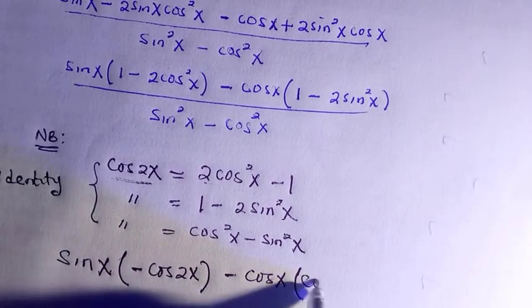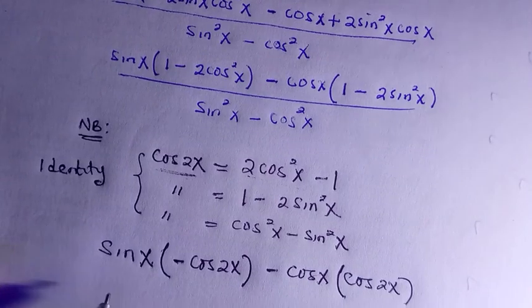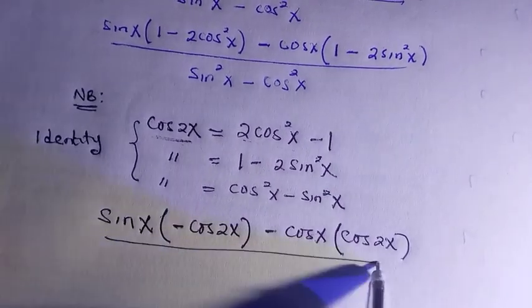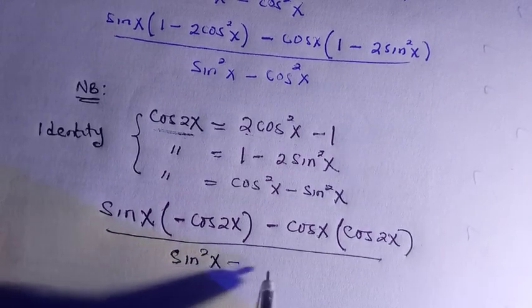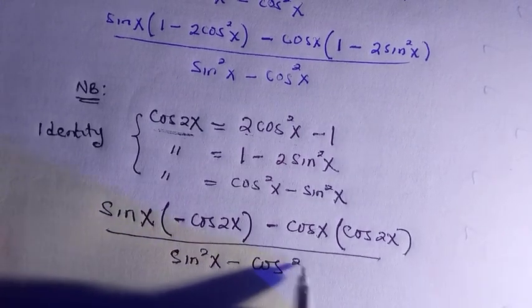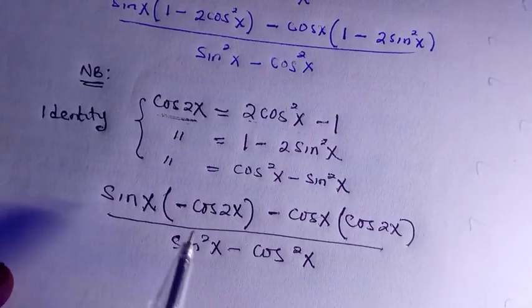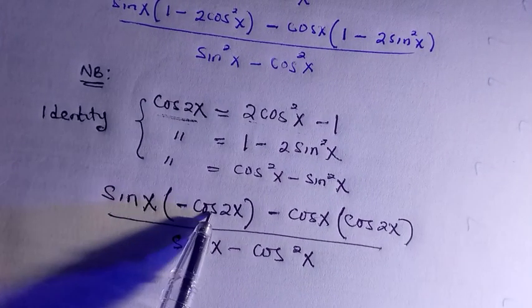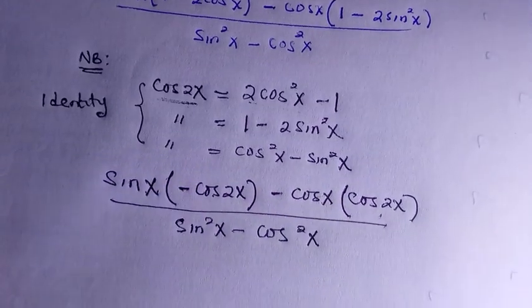Then we are going to have cos 2x instead of 1 minus 2 sine square x, and everything divided by sine square x minus cos square x. Okay, the next thing I'm going to do is, we have something common in the numerator, which is cos 2x.